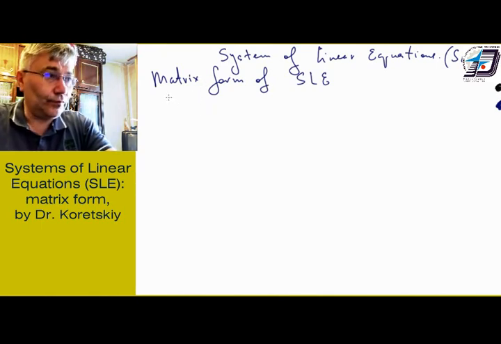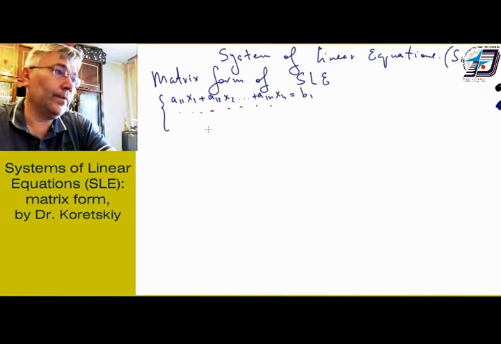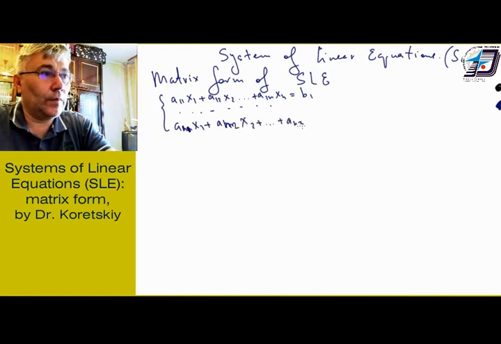Look, if you remember the written form, I write it down one more time: a11 x1 plus ... plus a1n xn equal b1, and so on, up to an1 x1 plus an2 x2 plus an3 x3 and so on equal bn.